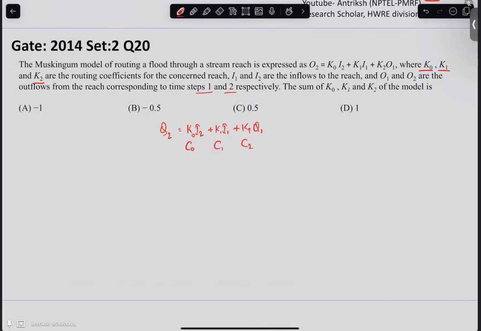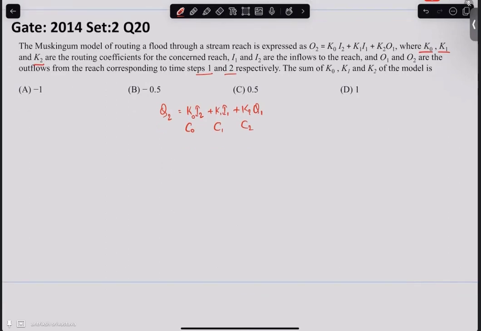The sum of K0, K1, K2 of the model is. This is a very simple question. If you remember the derivation of the Muskingum method, basically how we derived this equation Q2 is equal to K0 I2 plus K1 I1 plus K2 Q1, we used two types of equations.